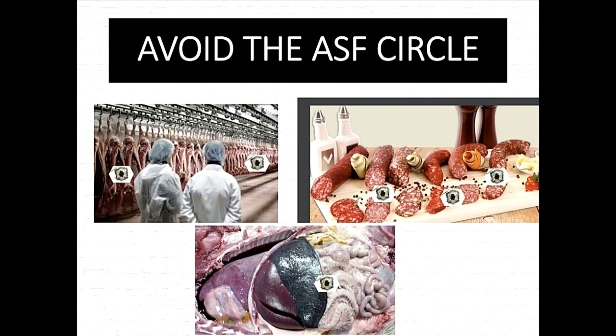You have a lot of virus in the slaughterhouse, they are going to produce meat, they are going to have products, and these products are going to go back by swill feeding to your farm. And this is the reason why the virus is moving all over, especially in backyard production. This is stupid. We are infecting ourselves. And that is one of the points. I'm going to show you, if I arrive in time, what the main mistakes around the world are.